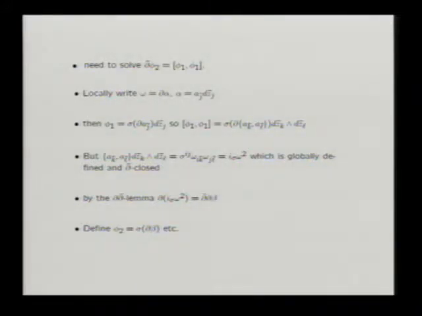This is where the integrability condition for the Poisson structure comes in. Sigma is holomorphic and omega is closed, so this is a 0-2 form which is d bar closed. Now the dd bar lemma says that if it's d exact and d bar closed, then you can write it as dd bar of something.